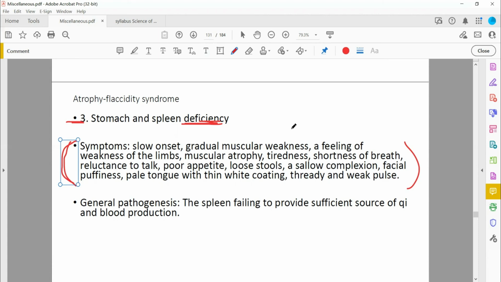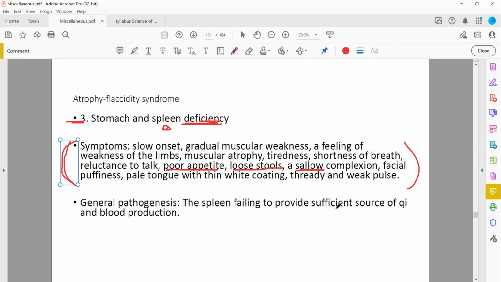Let's say spleen. Which key manifestations tell you that the spleen is involved? Poor appetite, loose stools, and sallow complexion. Yes.